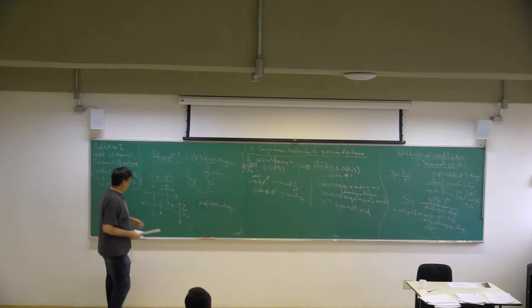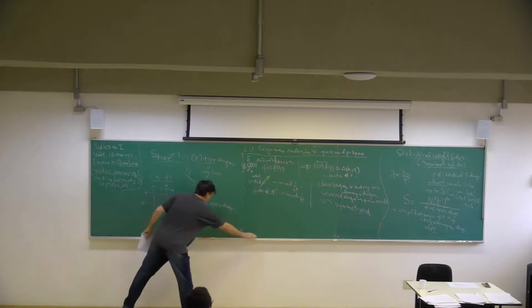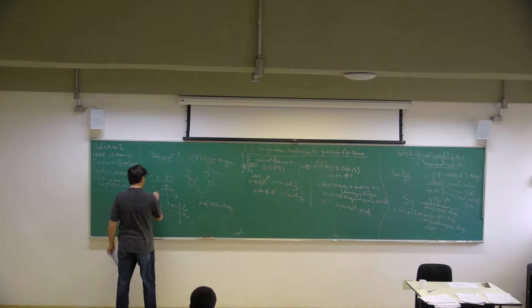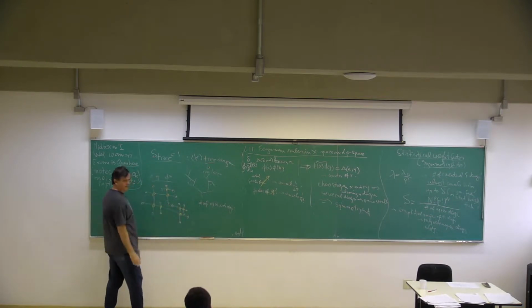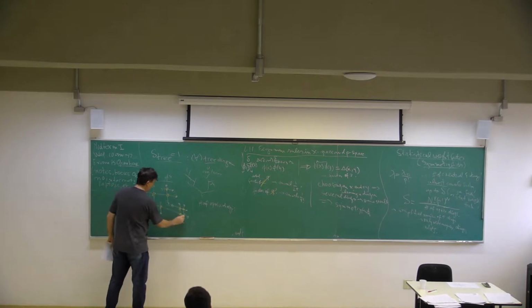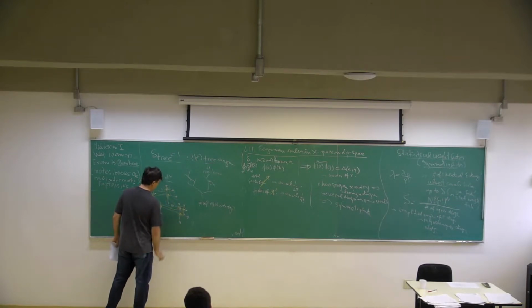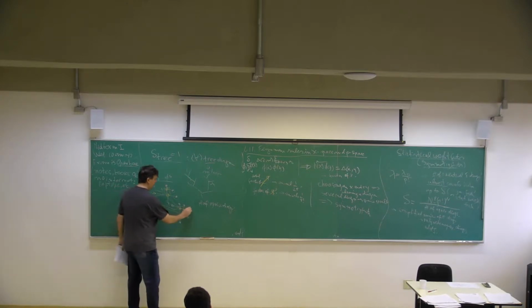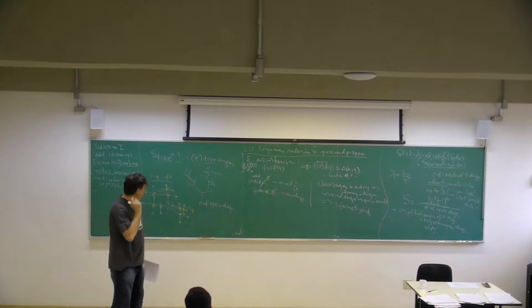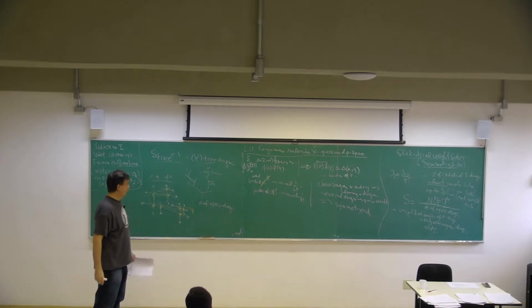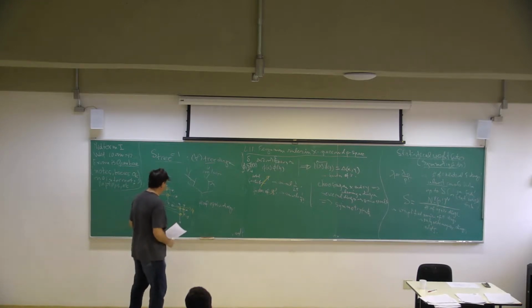Well, so in here, I would have these internal vertices, and the number of internal vertices is called by definition n, right? That was our definition of nth order Feynman diagram.